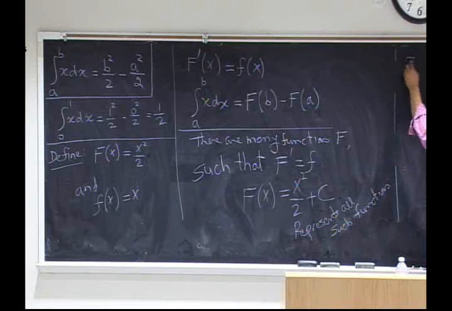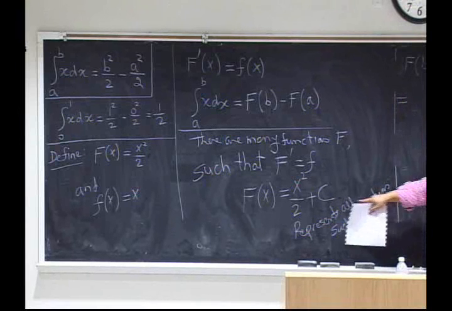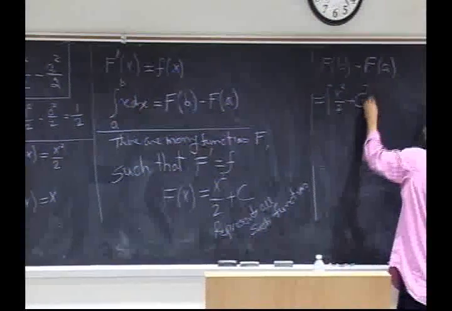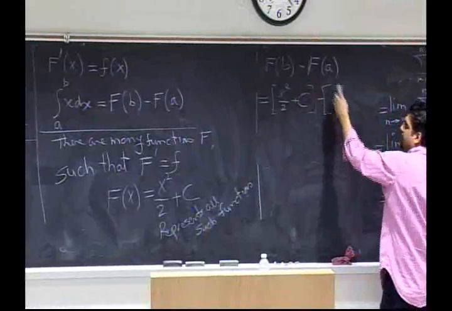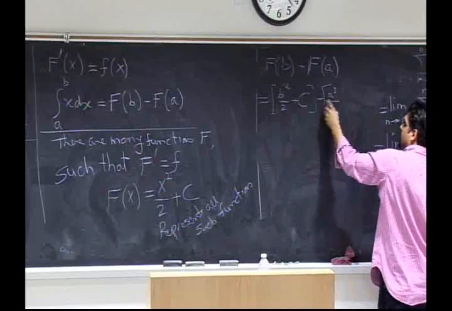If I do F of b minus F of a, then F of b with this F is b squared over 2 plus c, minus F of a, which is a squared over 2 plus c.